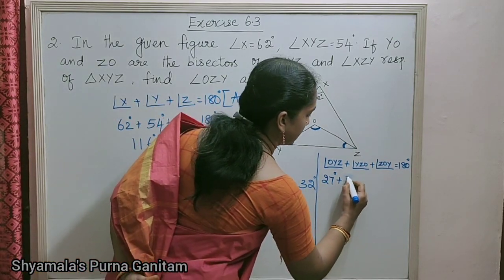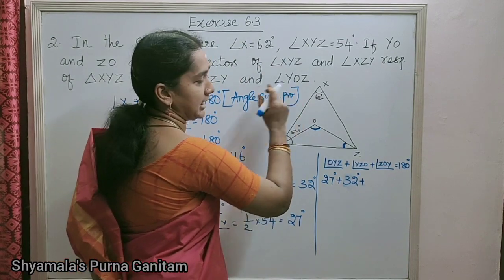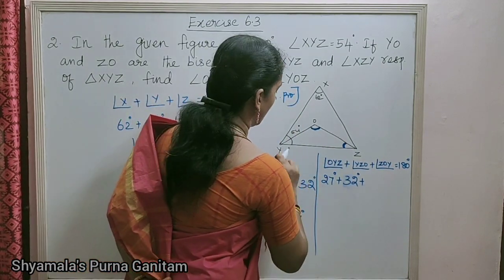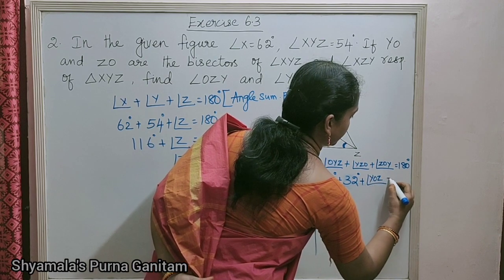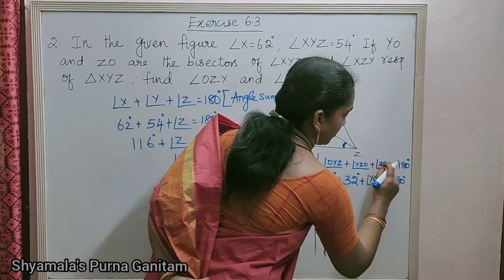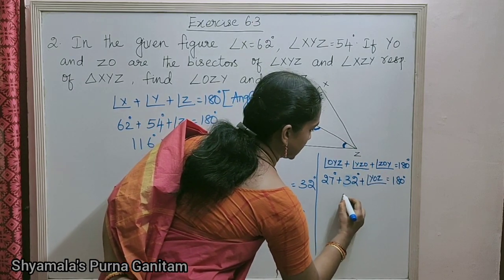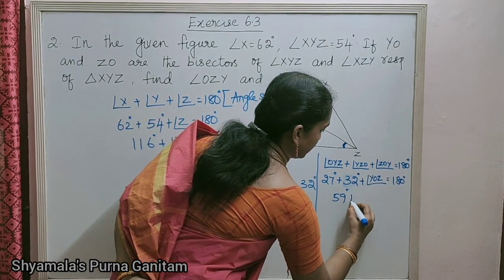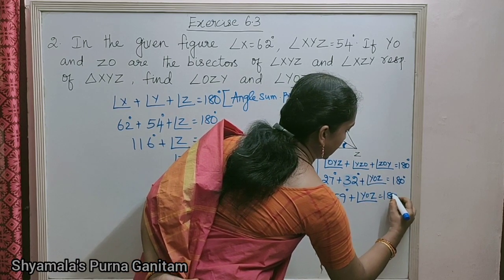So that is 32 degrees, plus ZOY, which is nothing but YOZ. This only you are asked to find. ZOY and YOZ are the same. So this one is 59 degrees plus angle YOZ is 180 degrees.